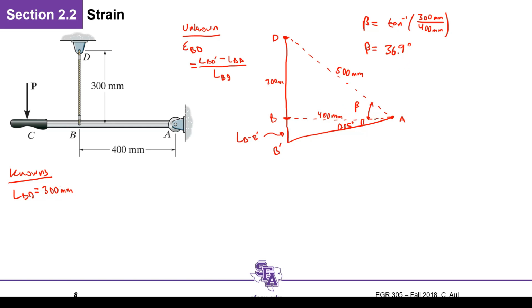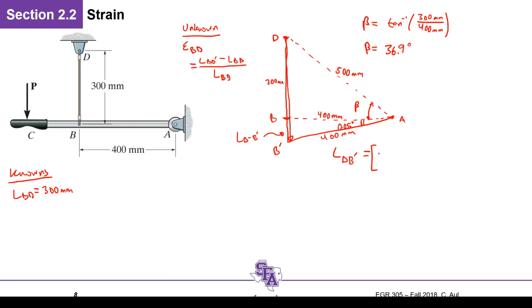So if we want to use law of cosines here, right? dB prime, this quantity should be equal to the squared quantity of this value, which is still 400, right? So we're trying to find not the 300, we're trying to find this, D to B. So we need this value here and this value here.